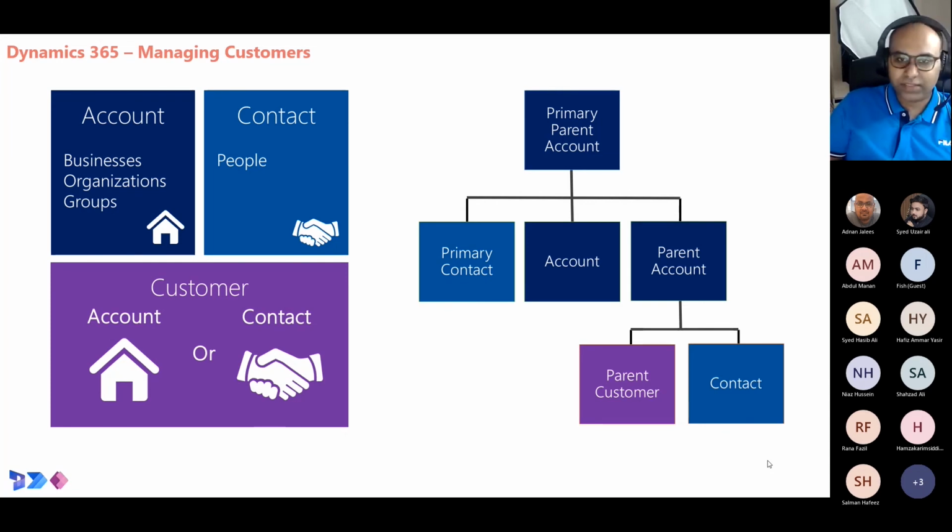These could be their managers, decision makers, procurement managers, and so on. You will define the XYZ organization as an account inside the CRM or Sales, define the individuals you do sales with as contacts, and then link both. So a contact can have a parent account. This is the normal scenario when we talk about B2B.